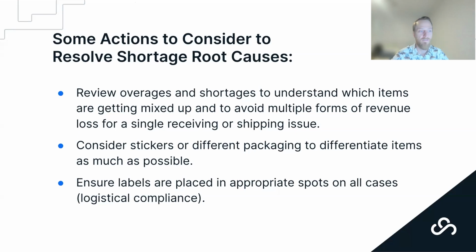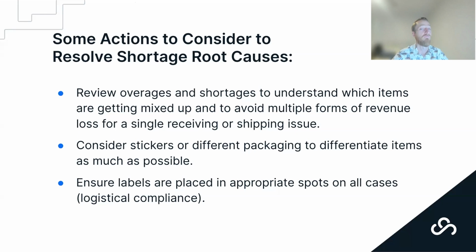If you have things like mixed pallets where there are multiple items on the same pallet, or if your packaging for these items is very similar, then those scenarios can lead to more human error during that manual receiving process.